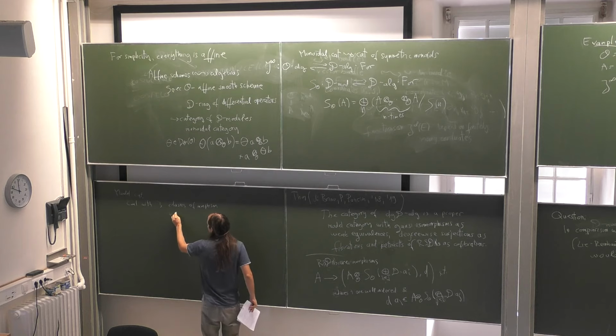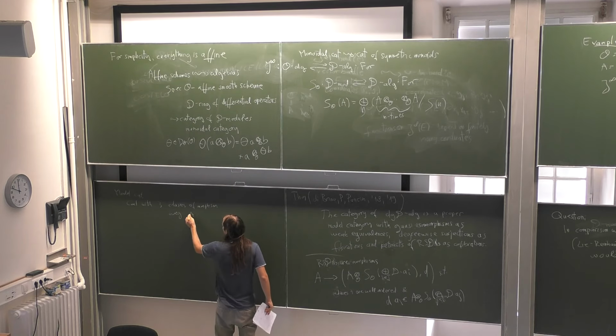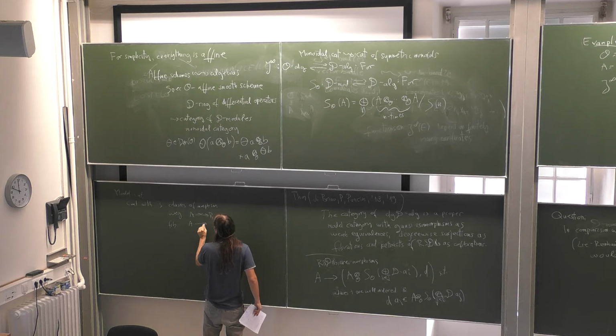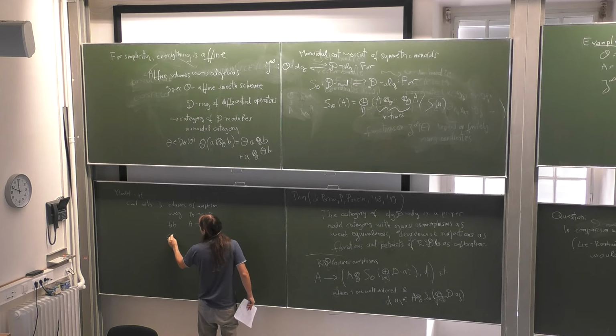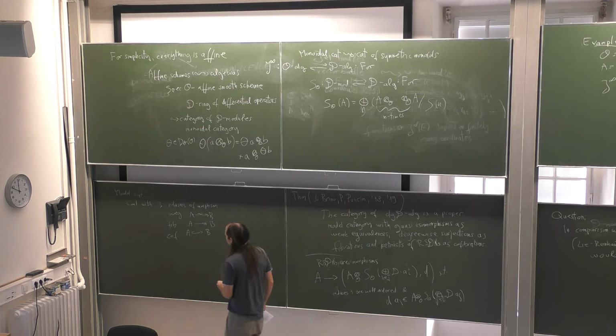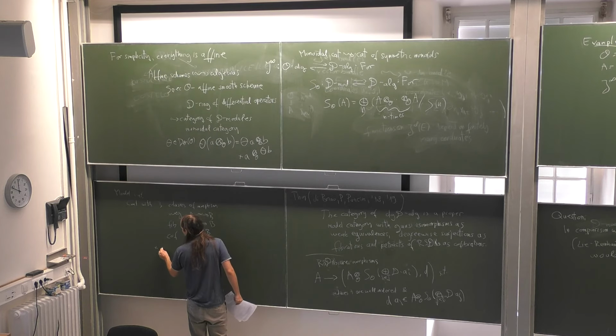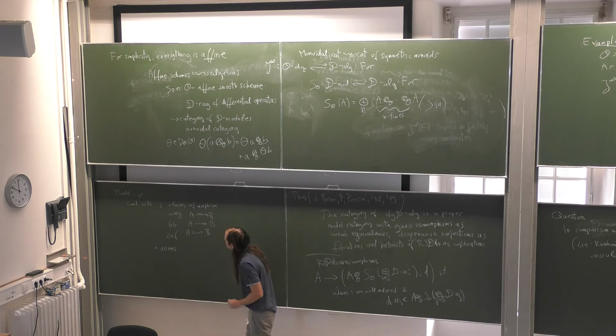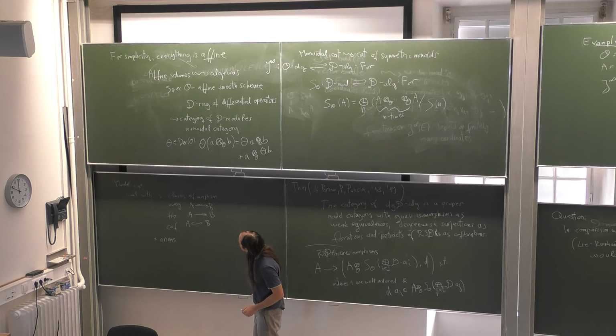We have weak equivalences, and you usually denote them like this. You have fibrations, you denote them as surjections. You have cofibrations, you denote them like injections. And they satisfy some axioms, which I will not state, except one axiom.